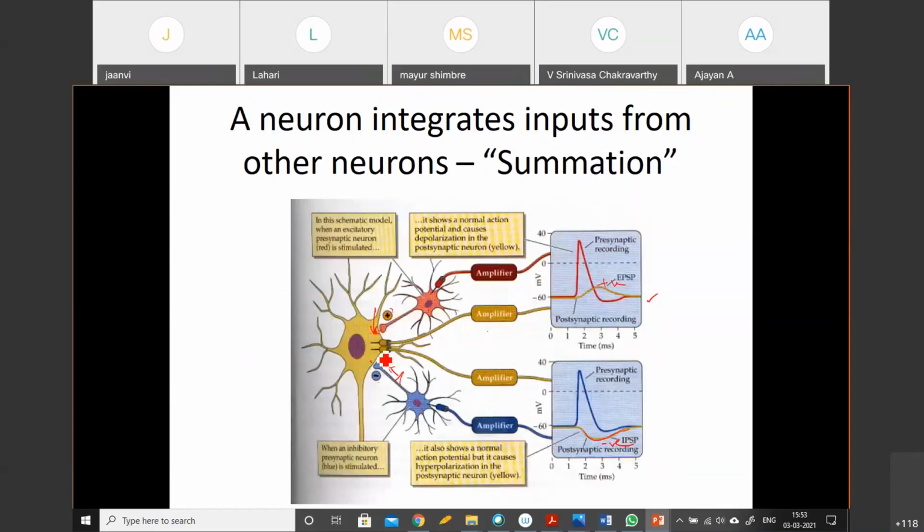If the net effect of all these currents is such that the target neuron voltage goes beyond some threshold value, then the neuron gets into what is called an excited state, and it produces an action potential, which then propagates down the axon of this neuron.